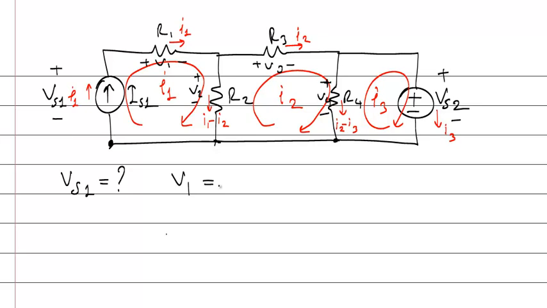I have to write the voltages in terms of mesh currents. R1 times I1. V2 is R2 times the current. What's the current of R2? I1 minus I2.